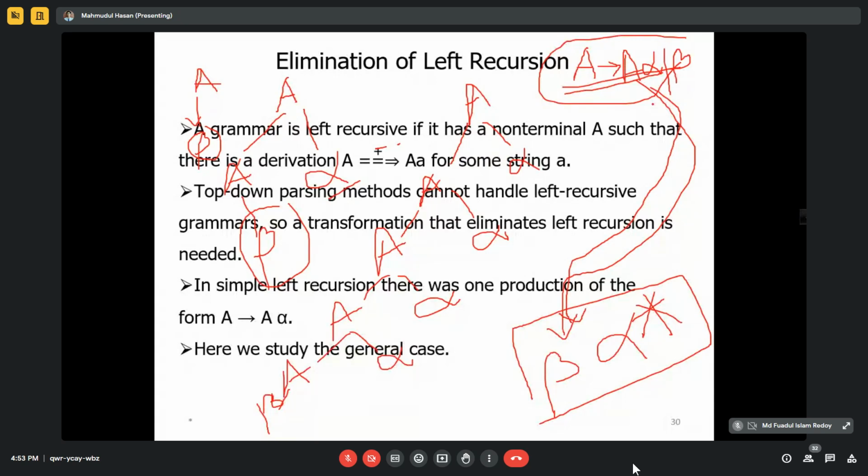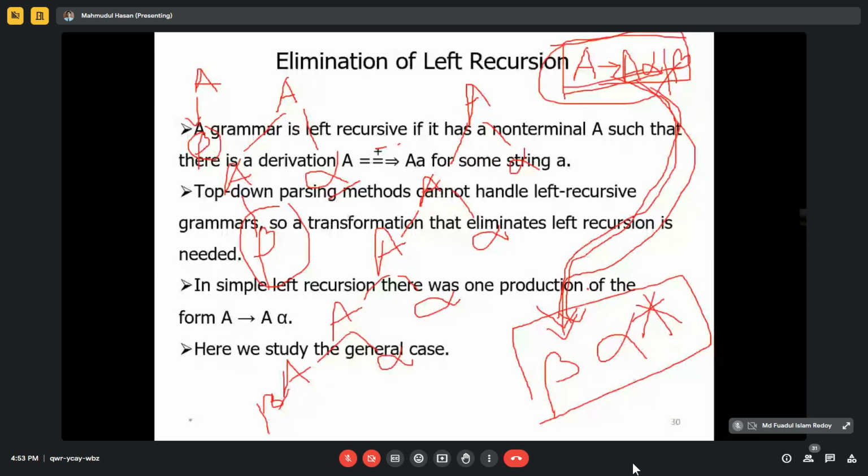So now we are trying to change this production rule in such a way that you can generate this input string as before, but there is no left recursion.